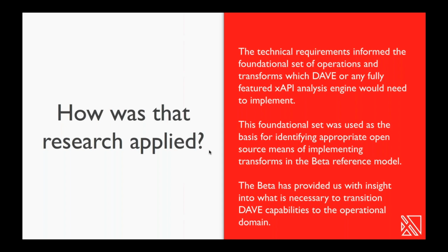So additionally, in the context of a TRL4 to TRL5 project, rather than completely build a new database system from the ground up, what we wanted to do was leverage open source platforms that could be appended to and augmented to provide for the transforms needed within the Dave environment, but as specifically applied to XAPI data.